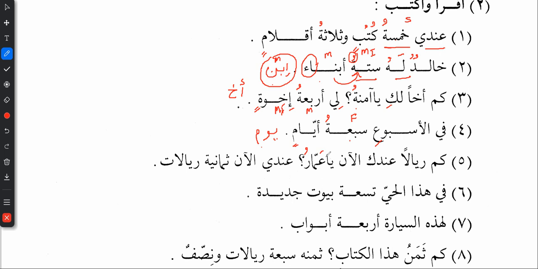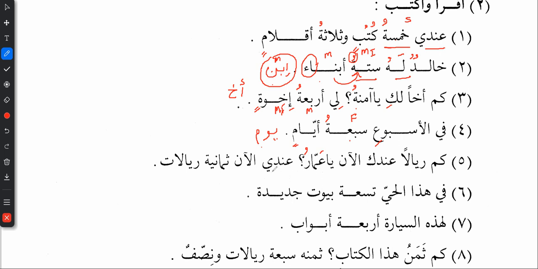So those nouns are called mamnu' min as-sarf, meaning they are prohibited from getting all the harakas, they cannot get the kasra, so they are prohibited. So that's why they are called in Arabic mamnu'. Mamnu' means prohibited. Mamnu' min as-sarf. Kam riyalan indak al-an ya Ammaru.